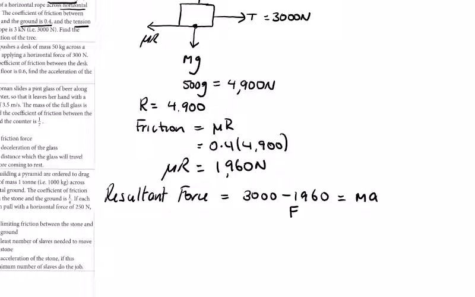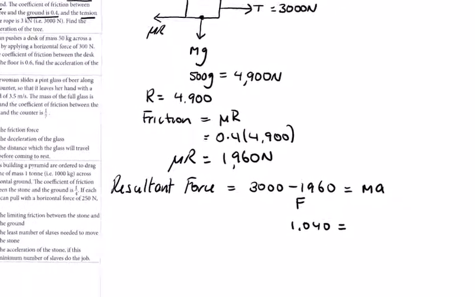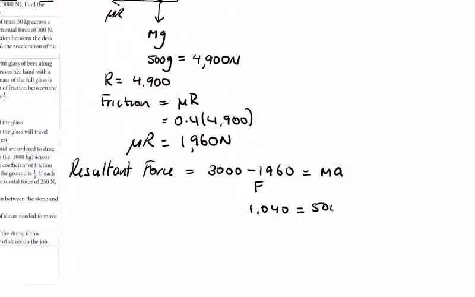So 1,040 is equal to mass 500 kilos, 500a. So the acceleration in this case works out to be 2.08 meters per second squared, or ms to the minus 2.